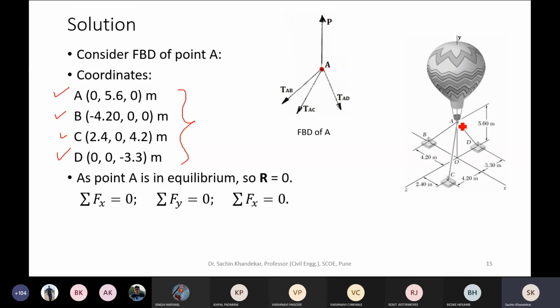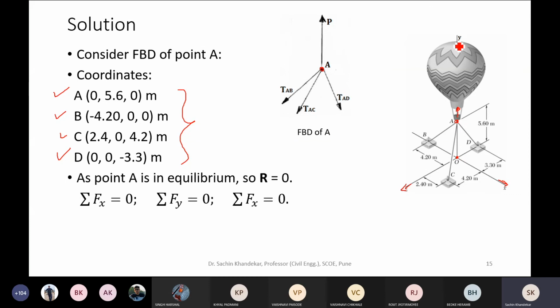Now see here, first of all, write the x, y and z coordinates of point A. As I told, the coordinate system is given in the problem. This is your positive x-axis, then this is a positive y-axis, and this is positive z-axis. So this is the origin. So point A is exactly vertically above the origin.